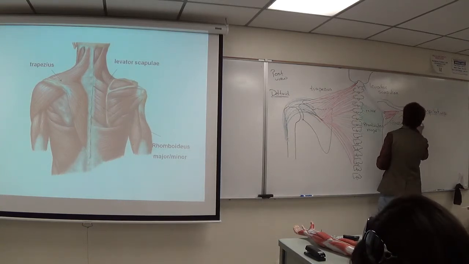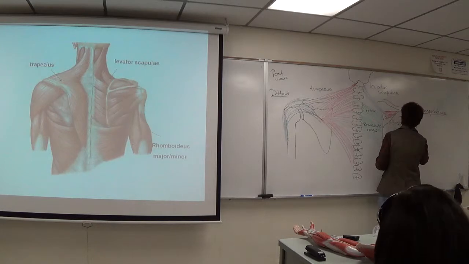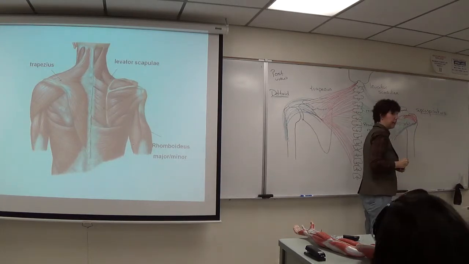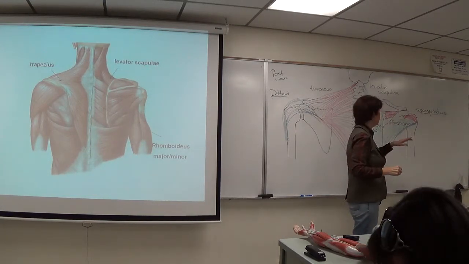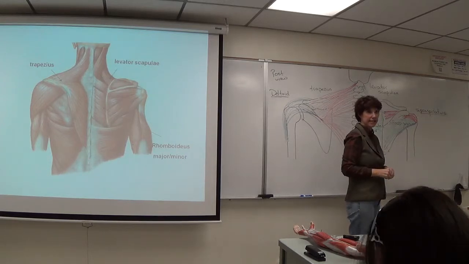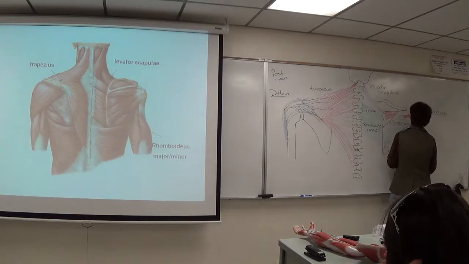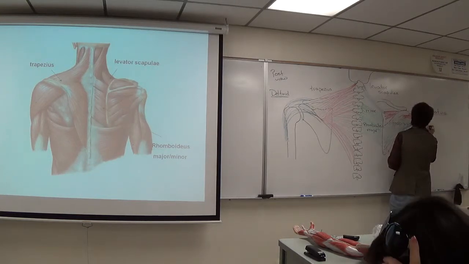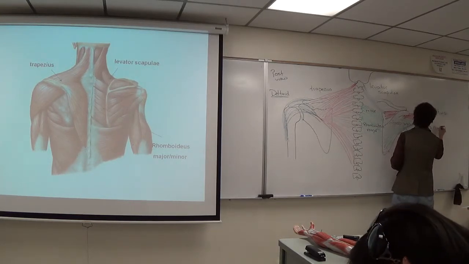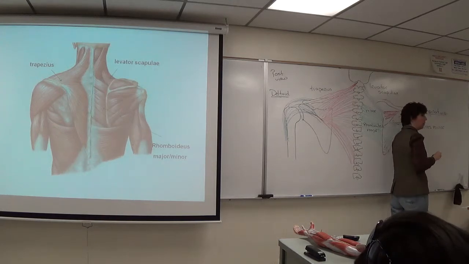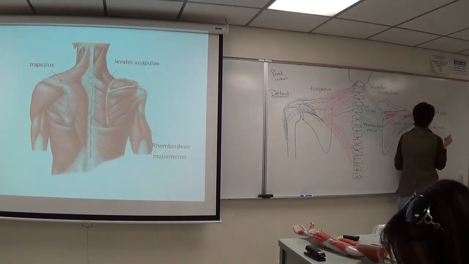So here's another major minor, only this one also does something different. So that's teres minor. It's going to do the same thing as infraspinatus, but it's a smaller muscle, so not as strong. So it's also going to do lateral rotation.